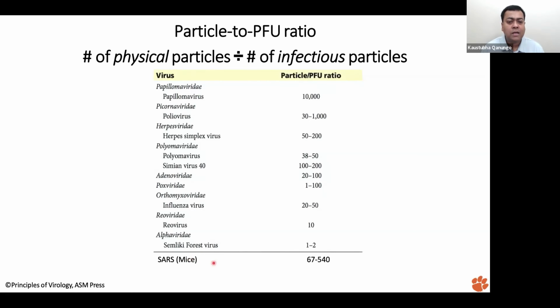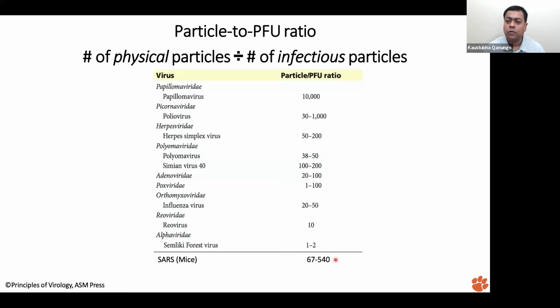Of course, your question will be why I did not put SARS-CoV-2 in there. It is still being determined, and we do not know this number, because different laboratories make their viral stocks and study them on different cell lines, like E6 and Vero cell lines, which are popular, and they see different doses.